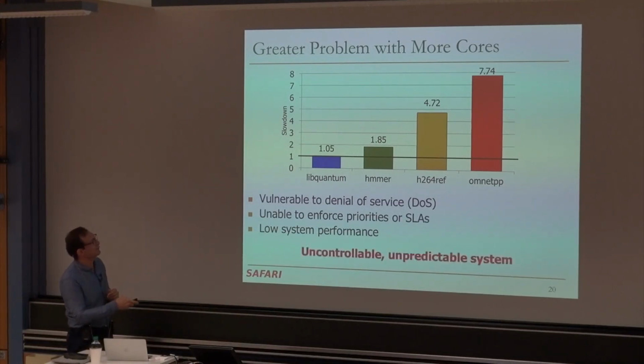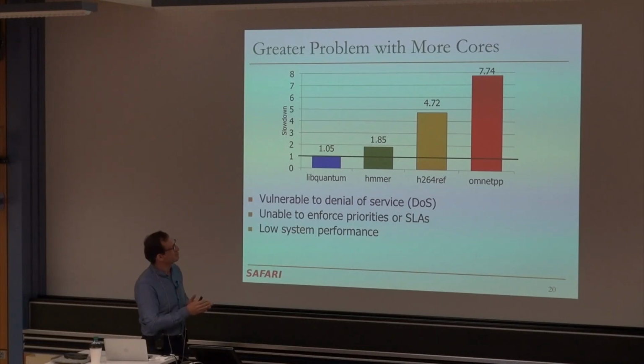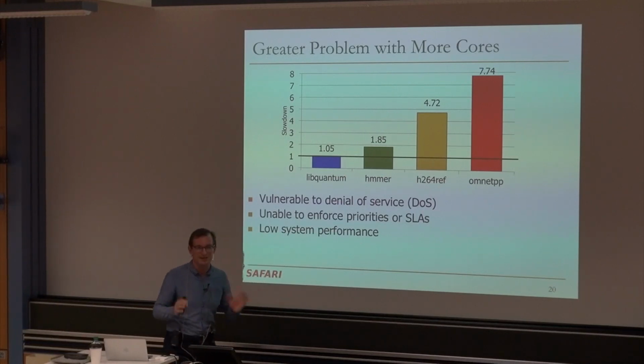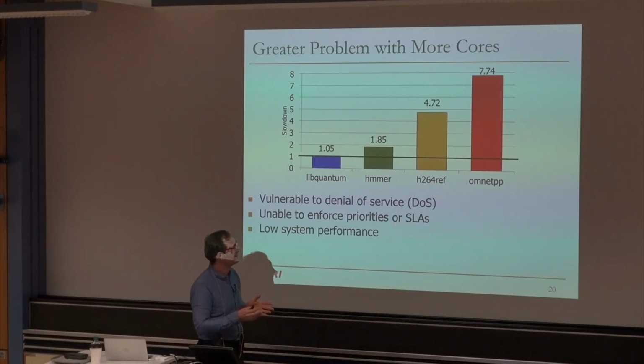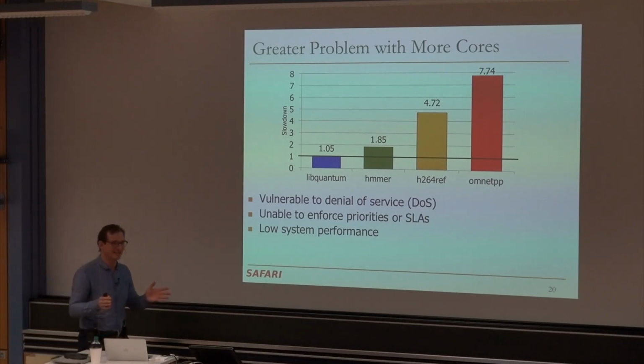You become unable to enforce priorities or service level agreements because you run these 4 applications together. You basically try to make this one high priority. Let's say nothing changes because the operating system actually has 4 applications to schedule on 4 cores, and they all get scheduled. Right? Priorities. The assumption in the operating system is that whenever you schedule something onto a core, it makes progress.